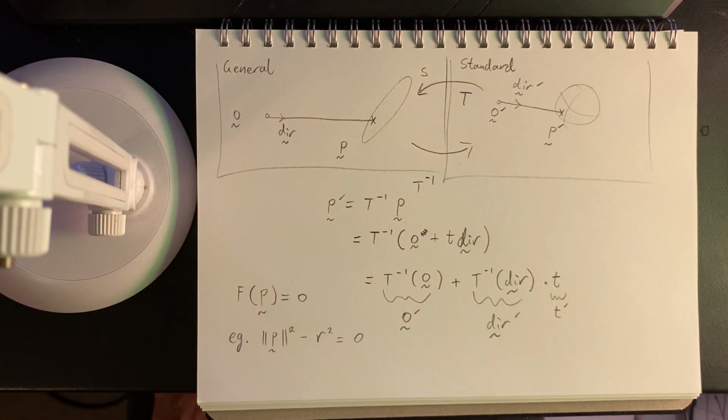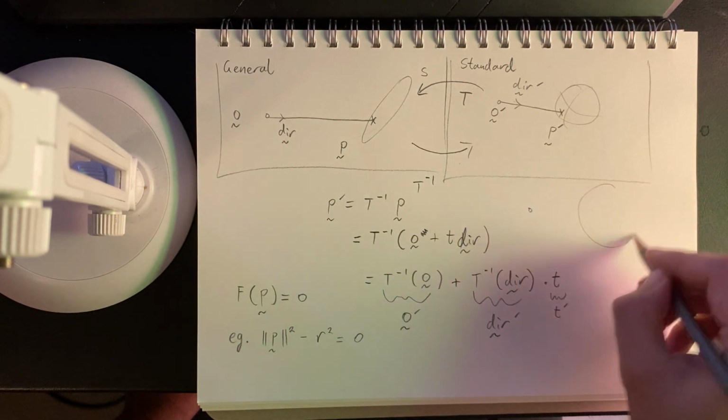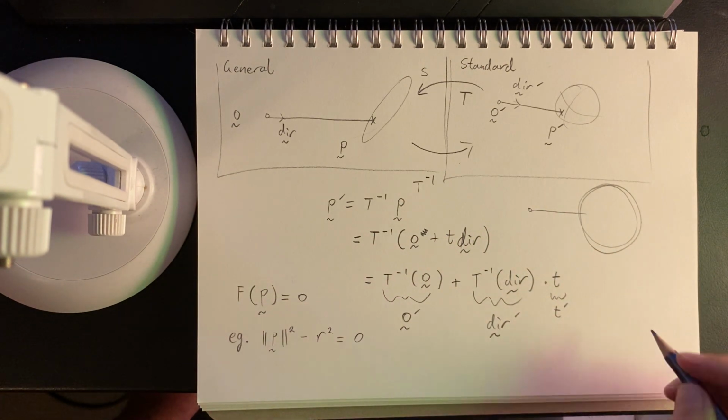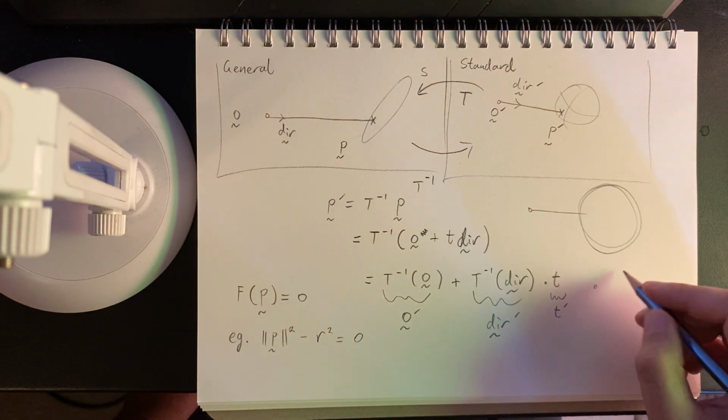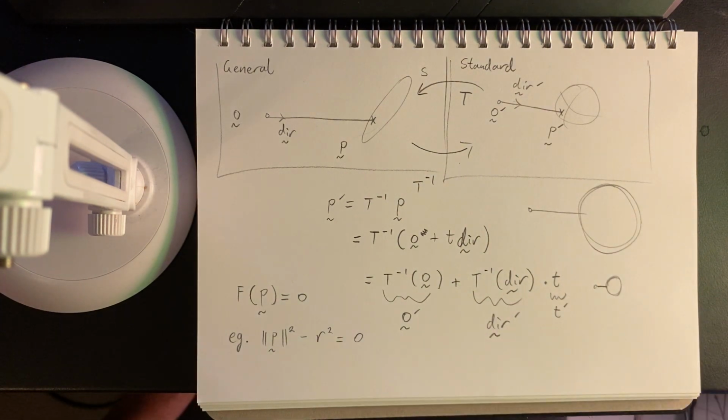And let me give you a few examples. Let's say we're tracing to a really big sphere. That is equivalent to tracing to a small sphere, which is closer. It'll look the same.